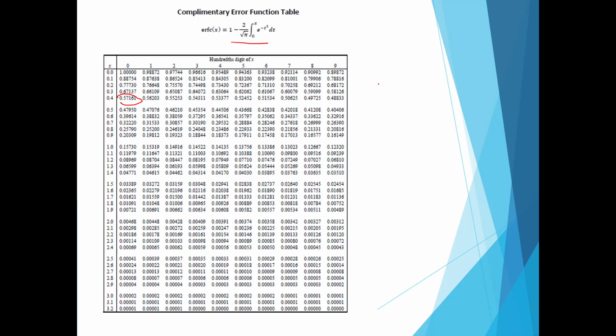If the input x is 0.49, it will produce a complementary error function output equal to 0.48833. So this is how we use the table.